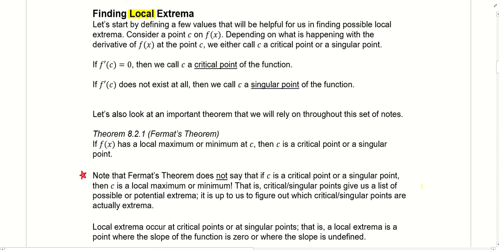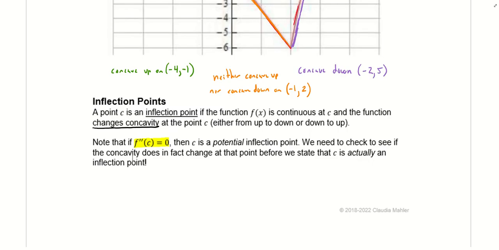It was up to us to determine if those points were actually local extrema, but essentially listing the critical points and the singular points gave us a list of potential local extrema. It's the same sort of thing here. Listing where the second derivative is 0 gives us a list of possible inflection points. And we just need to check and see if concavity actually changes across that point to determine if it is actually an inflection point. So we'll see some examples of that here as we go.